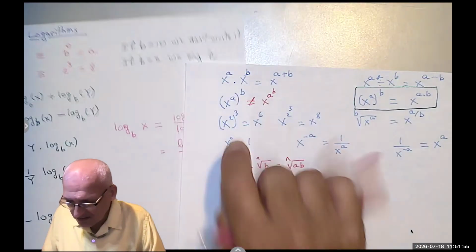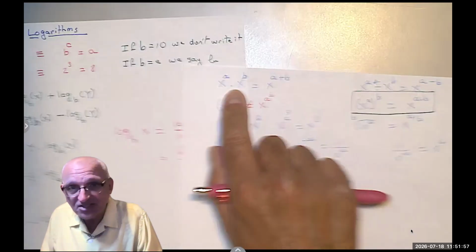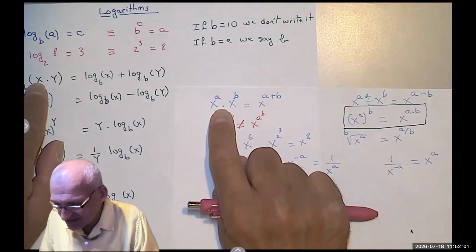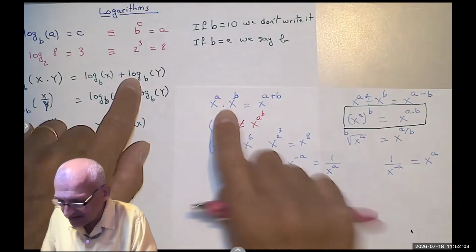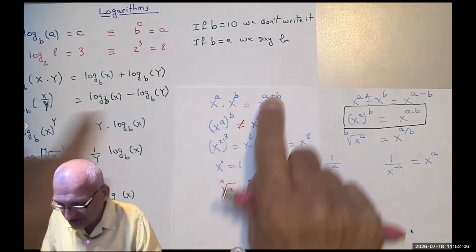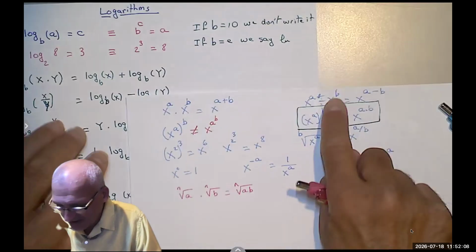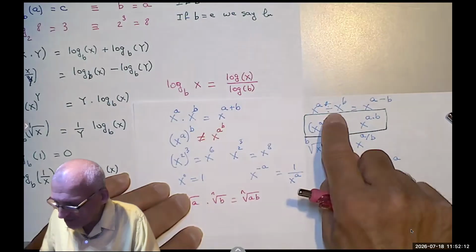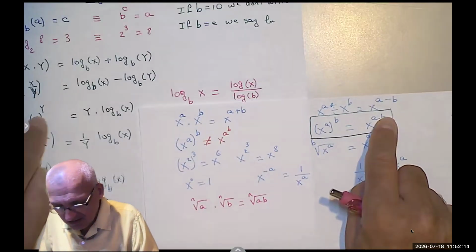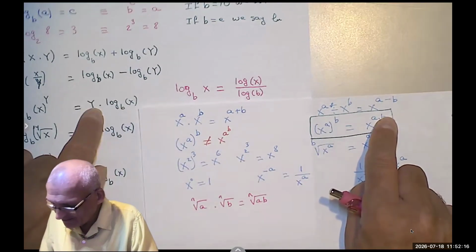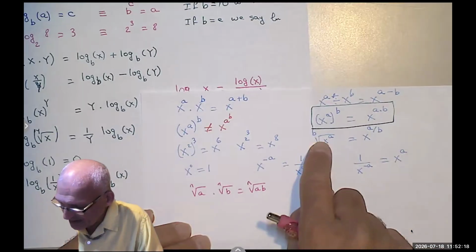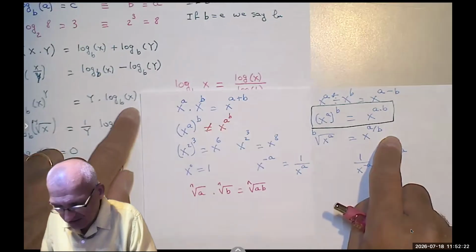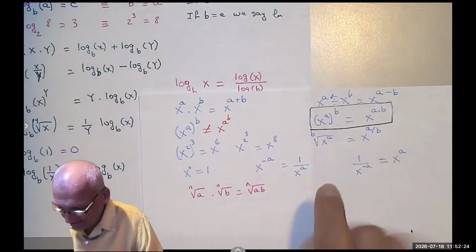You see, this was multiplication of the same base, and this is multiplication inside. They became addition, and the exponent became addition. Division became subtraction. Power becomes multiplier. Root became division, so log b of x divided by y.